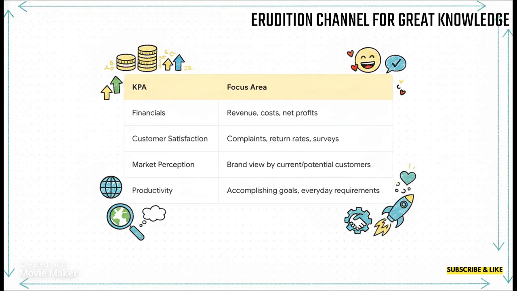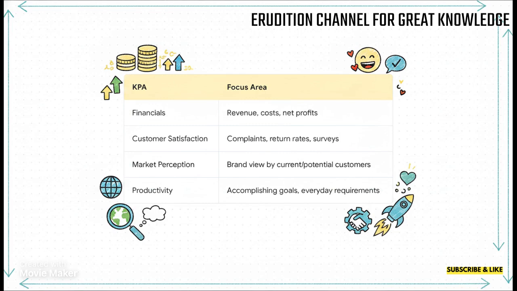Moving right along to Section 2, the 4 essential KPAs, your must-have focus areas. So, while KPAs can cover a massive range of areas and vary wildly, even between organizations within the exact same industry, there are 4 KPAs that are universally important. Every single business needs to identify, understand, and pay attention to these. First up, financials. This includes basics like revenue, costs, net profits, and the trends affecting all 3 of those.